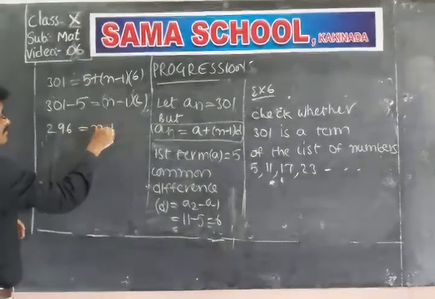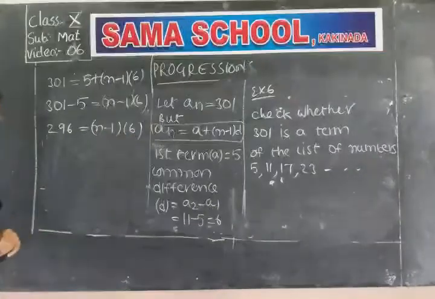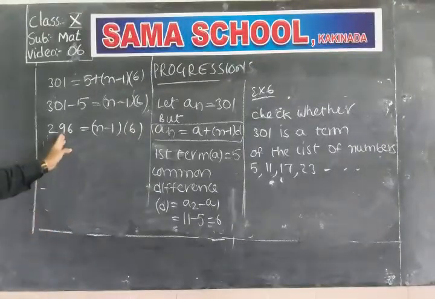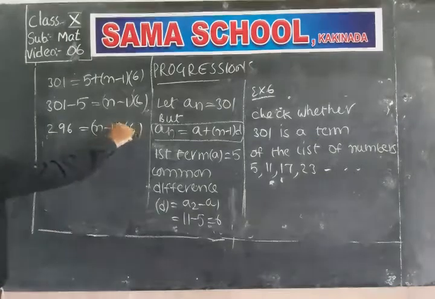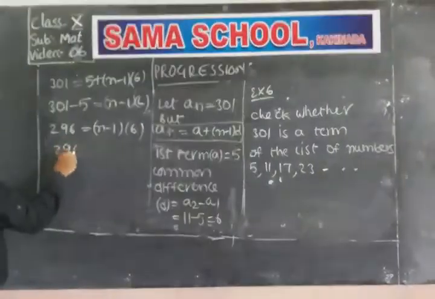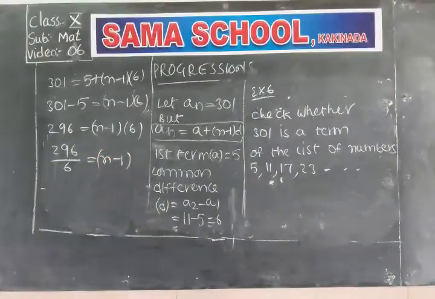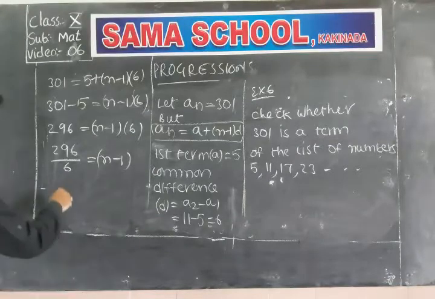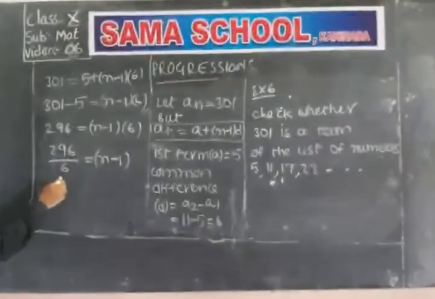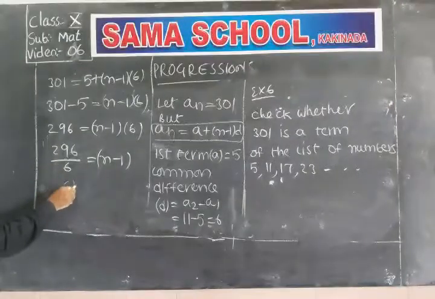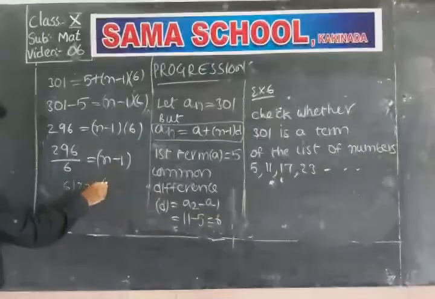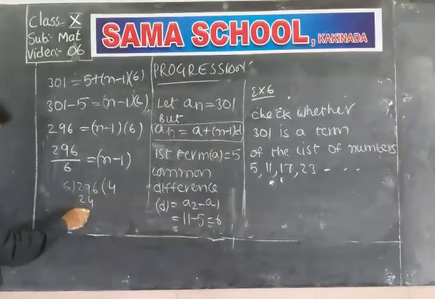So 296 is equal to (n minus 1) into 6. Now 6 is multiplying here, so when it comes this way it divides: n minus 1 equals 296 divided by 6. 6 fours are 24.